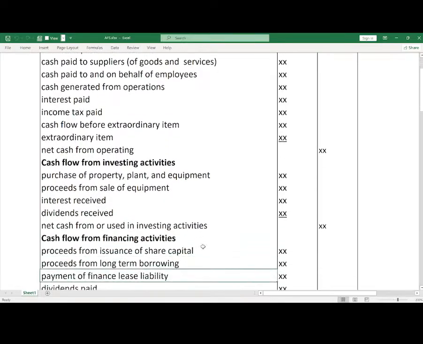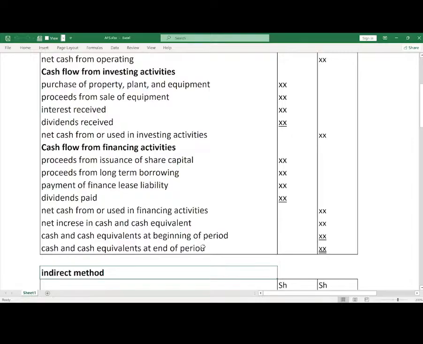Then we also have the cash flow from financing activities. We have the proceeds from issuance of share capital, from loans, payment of finance lease liability, the dividends paid. We get the net cash from or used in financing activities.